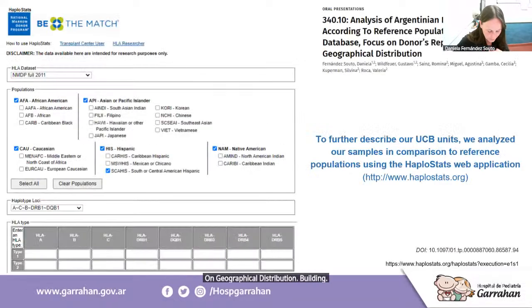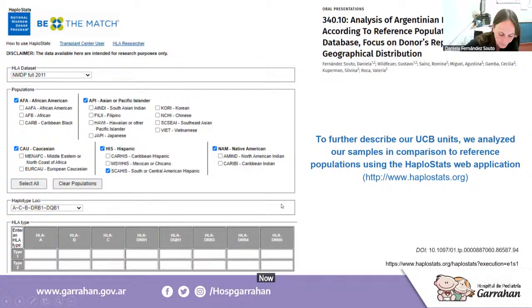Building on this, following this initial work, we expanded our analysis by comparing Argentinian HLA genotypes using the Allele Frequency Net database. For each sample, we applied this tool against global reference populations, with particular focus on the South or Central American Hispanic group, analyzing unphased genotypes.